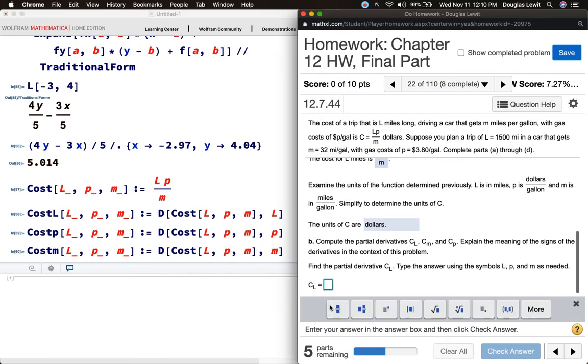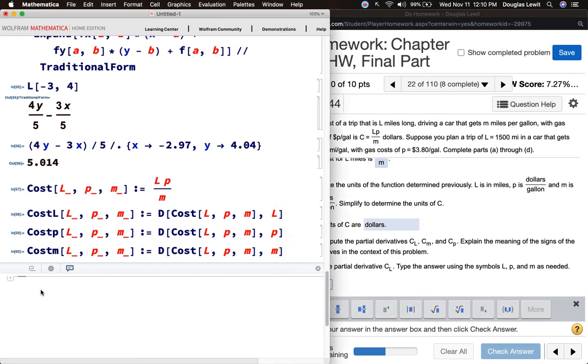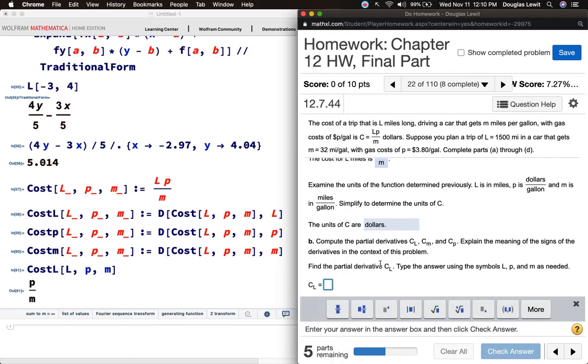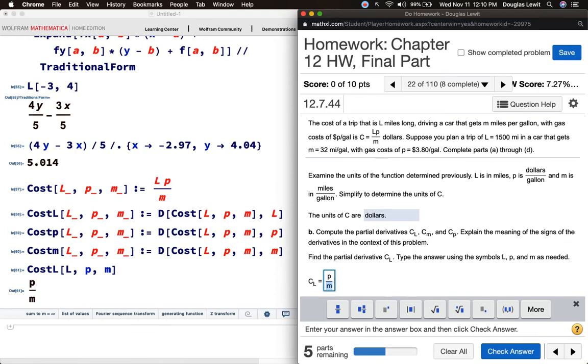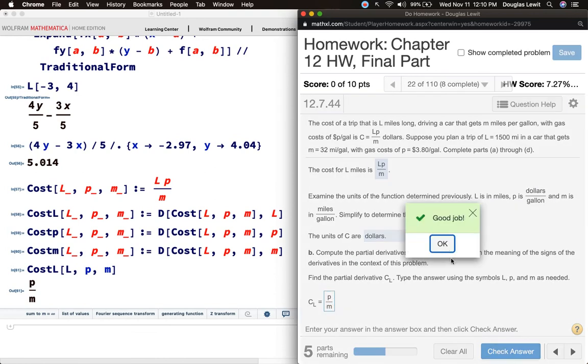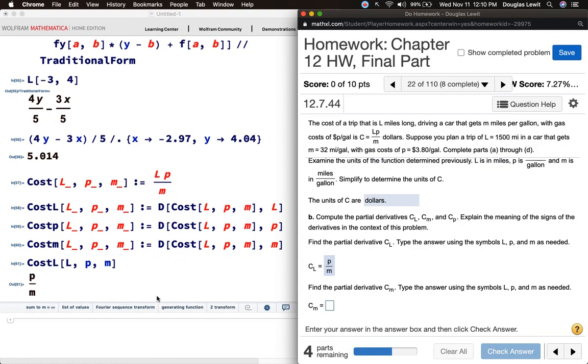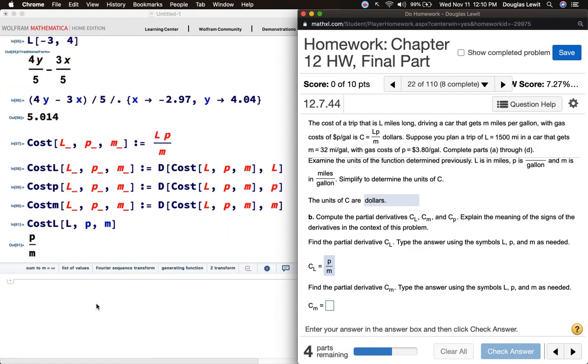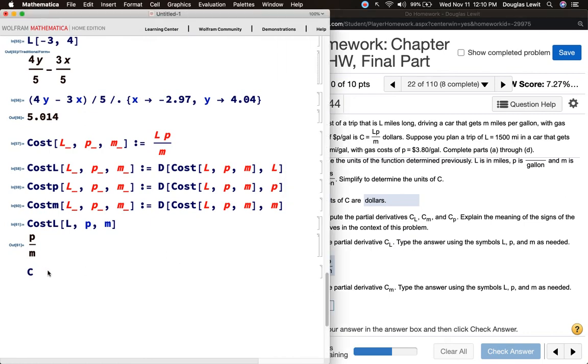Okay, so here, what is the derivative of the cost with respect to the number of miles? That's just going to be P over M. What is the partial derivative with respect to M?